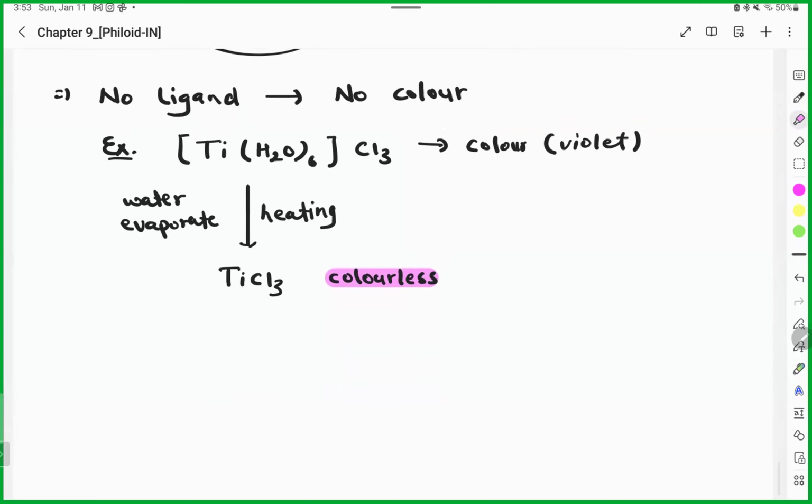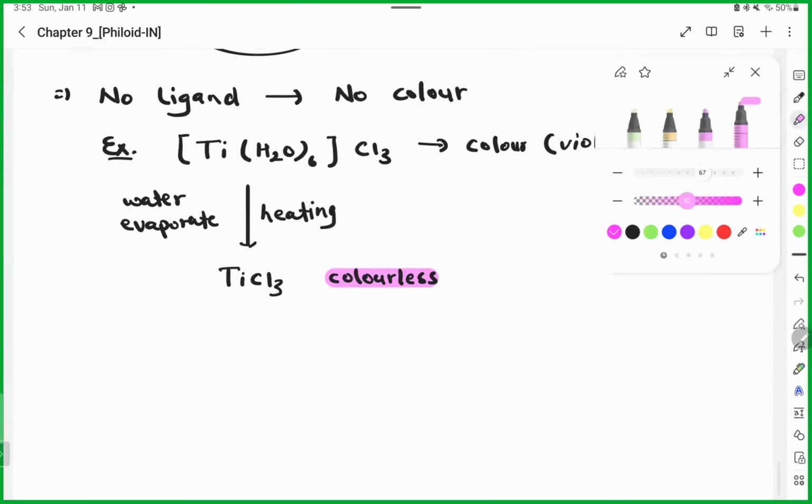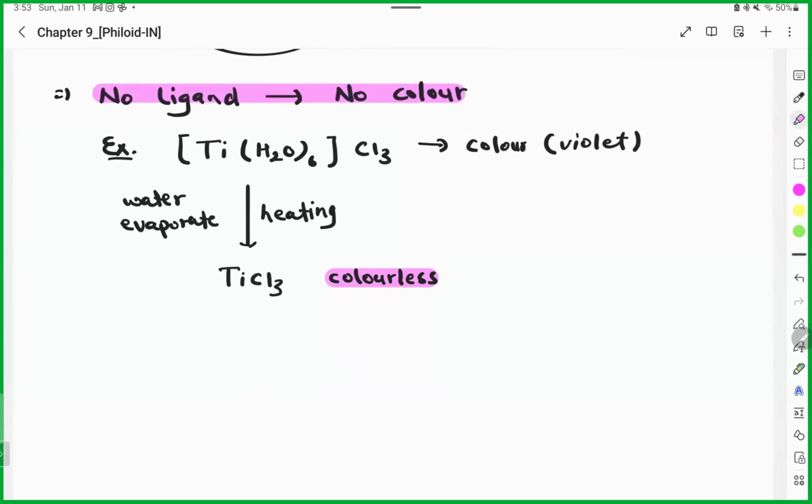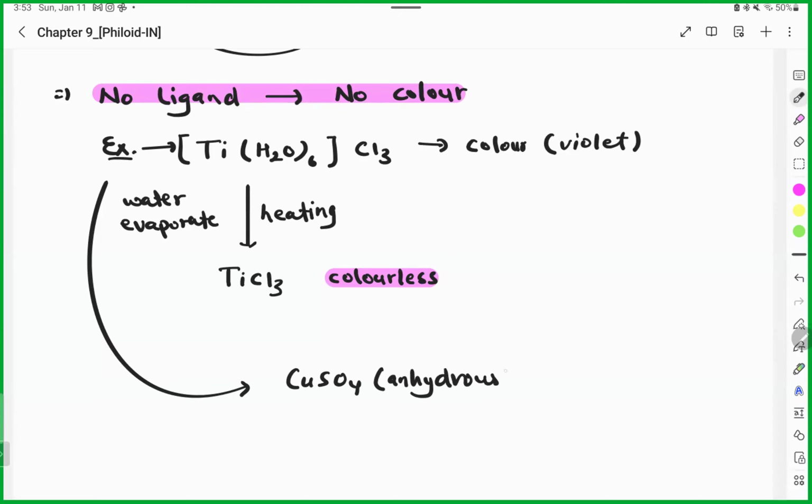I'll give you one more example. No ligand means no color. One example is this. Second example. If you take copper sulfate, anhydrous means without water, no water is present here. So it will be colorless or white. White means colorless, same thing.